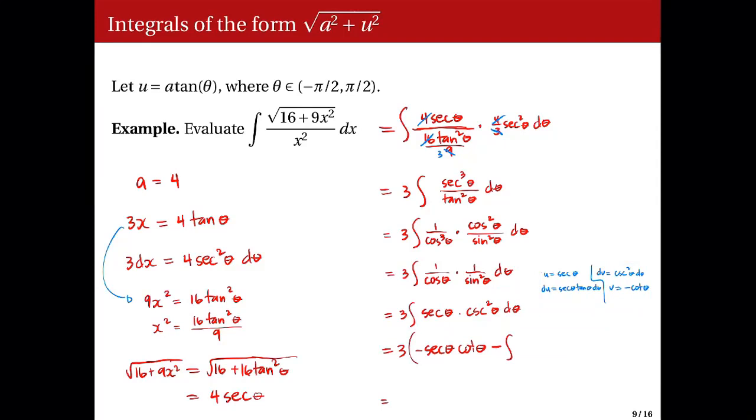We have negative cotangent theta and then secant theta tangent theta d theta. But notice, cotangent theta times tangent theta is just equal to 1.